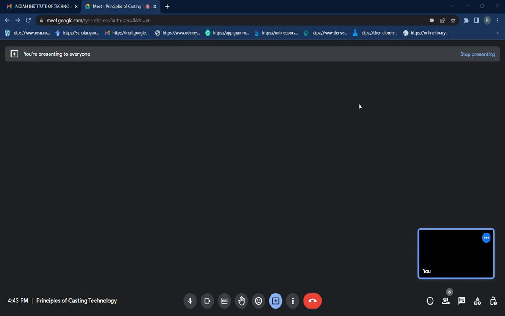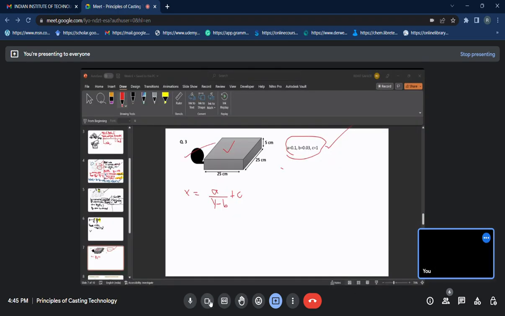In the problem, your a, b, and c values are given here. You need to calculate the diameter of your riser. Please try to solve this, because we did one problem last week from the Caine's method section, and this is the last problem which we will discuss. Please take your time, one or two minutes, then we will discuss this.